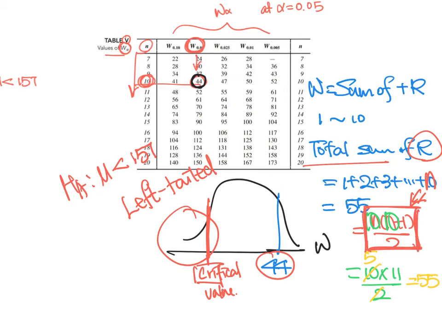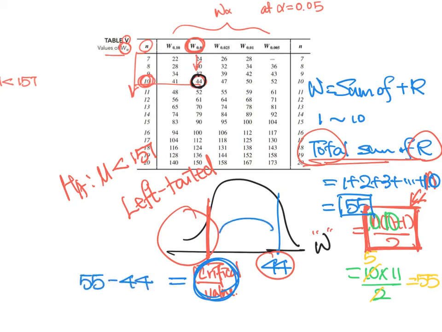So I told you the distribution of W is symmetrical, but we knew the total sum of the ranks is always n times n plus 1 over 2. So in this case, we had a sample size of 10, then the total sum is 55. So when I need the left one, it must be 55 minus 44. I mean the other one.